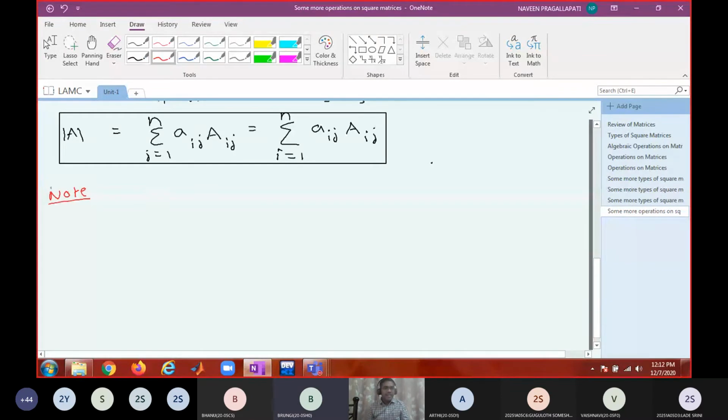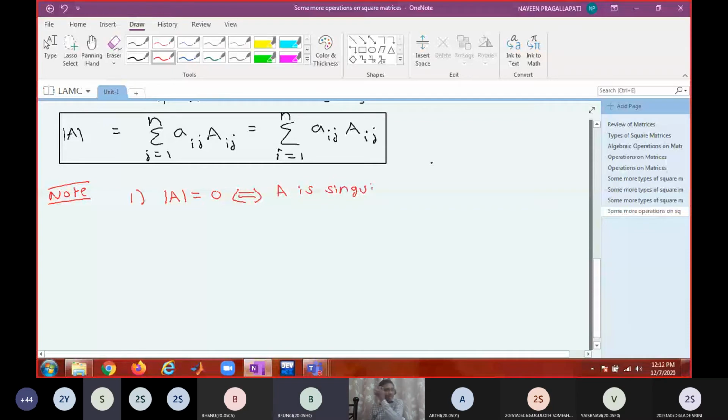So if the determinant is 0, then what is that matrix called? Not a null matrix. I'm not taking A equal to 0, I'm taking det A equal to 0. A is called a singular matrix.